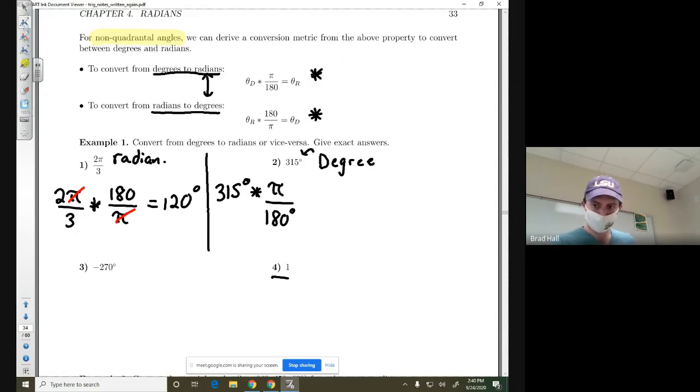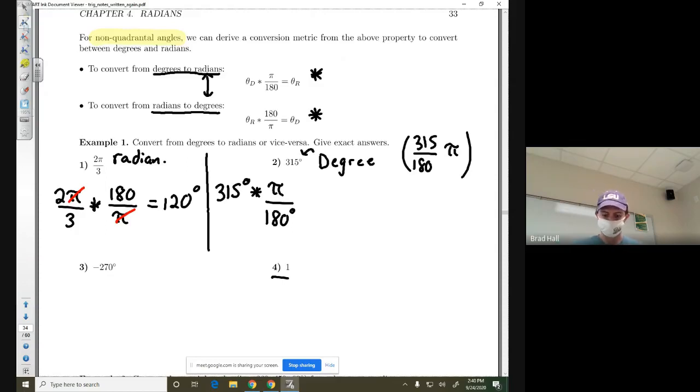So that's why instead you really want to look at this as 315 divided by 180 and then the pi. That's really the way you want to take care of all the numbers and then throw the pi in at the very end. This will come up quite a bit, so definitely want to get familiar with this as soon as possible.